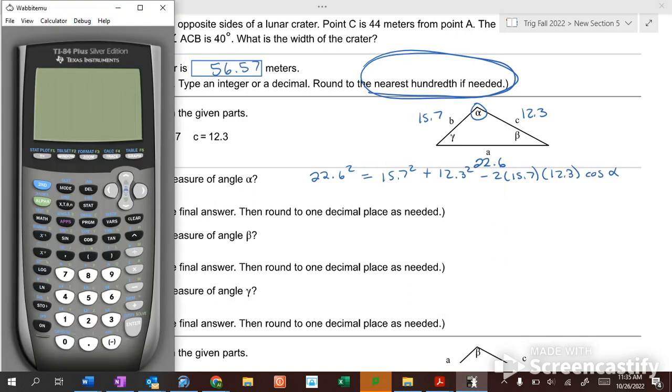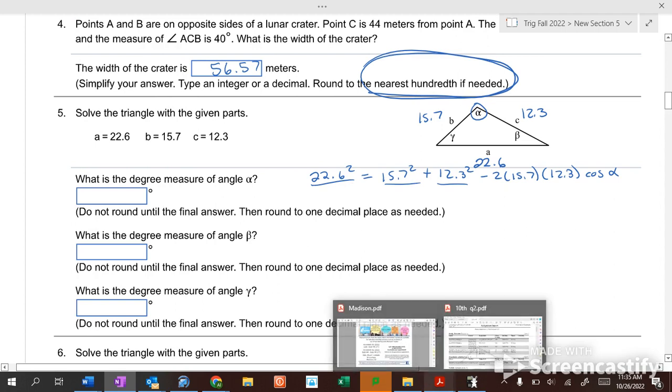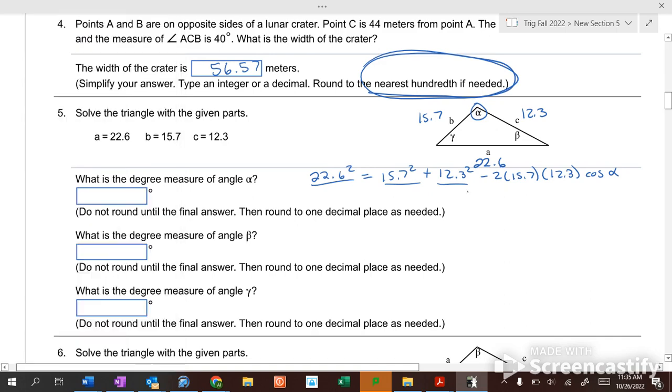So on my calculator, I'll take this minus this first.